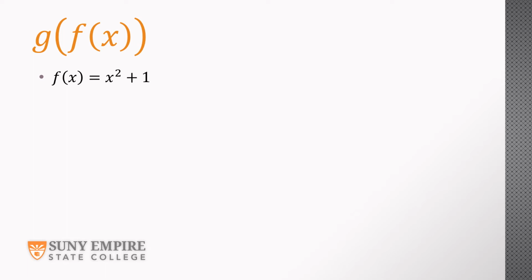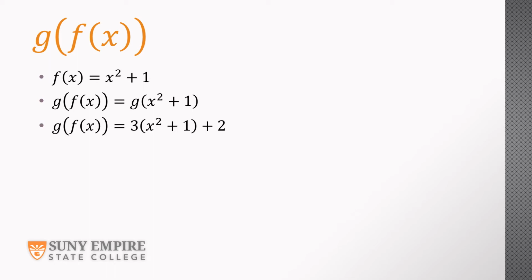What if we want to find a general rule for g(f(x))? We already know that f(x) equals x² + 1. To find the general rule for the composition, x² + 1 becomes the input for function g.